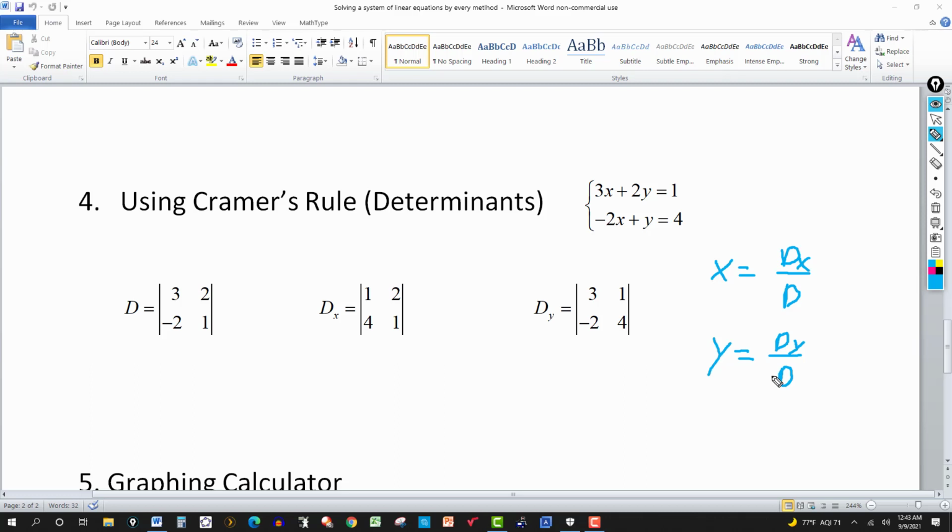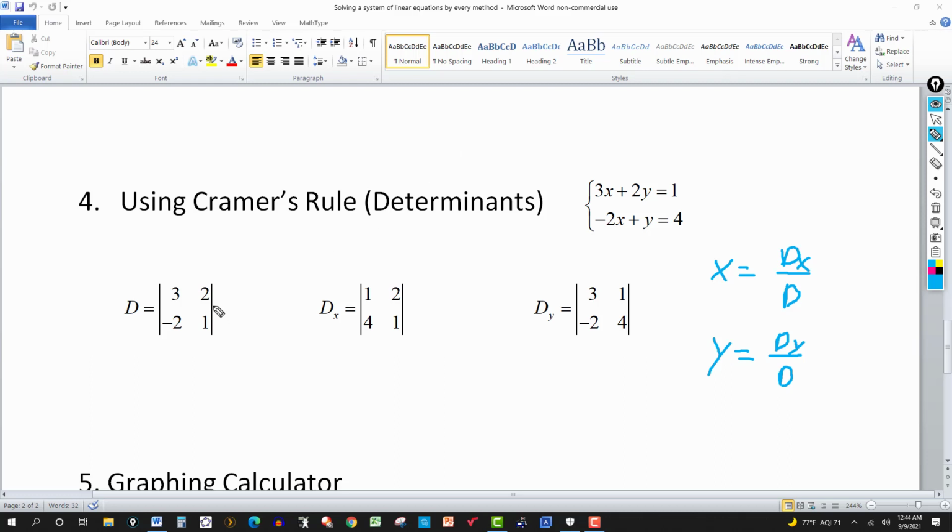Now, this is under the condition that d cannot be 0. If d is equal to 0, then we're going to have either no solution or an infinite solution set. We could solve those types of problems using the first couple of methods, substitution or elimination.